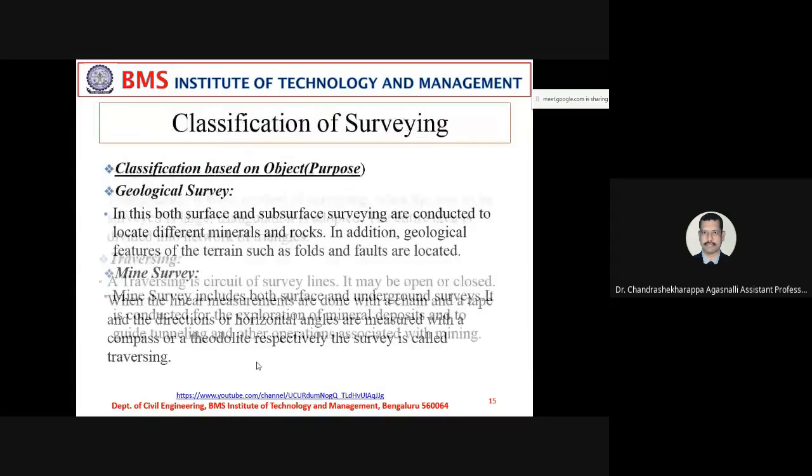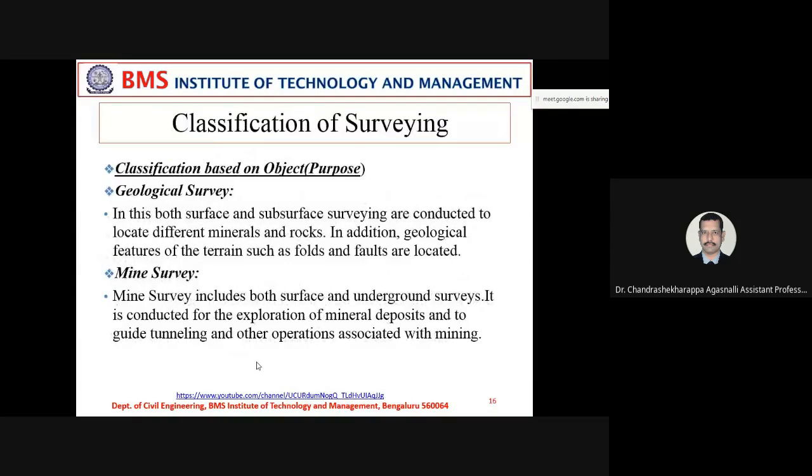Classification based on the objects that we discussed. What is the purpose? Geological. I told you this: in geology, subsurface and surface surveys are conducted for different minerals and rocks. How do we conduct the subsurface survey? We do it for tunneling, for metro works, or for underground mines.